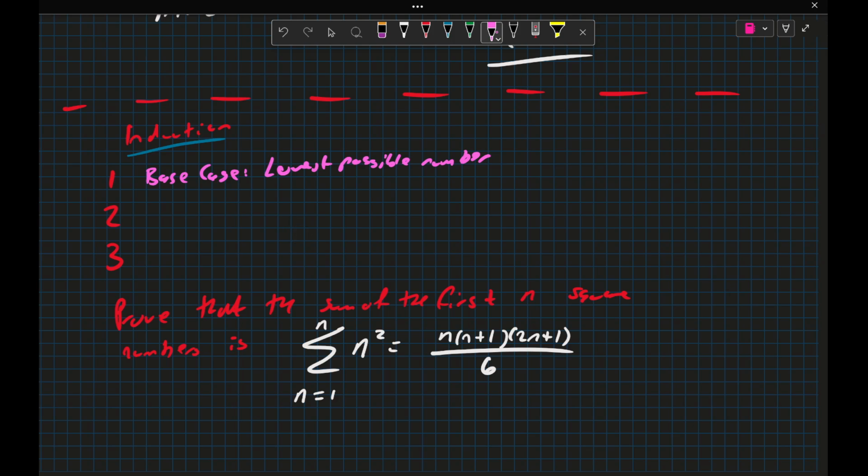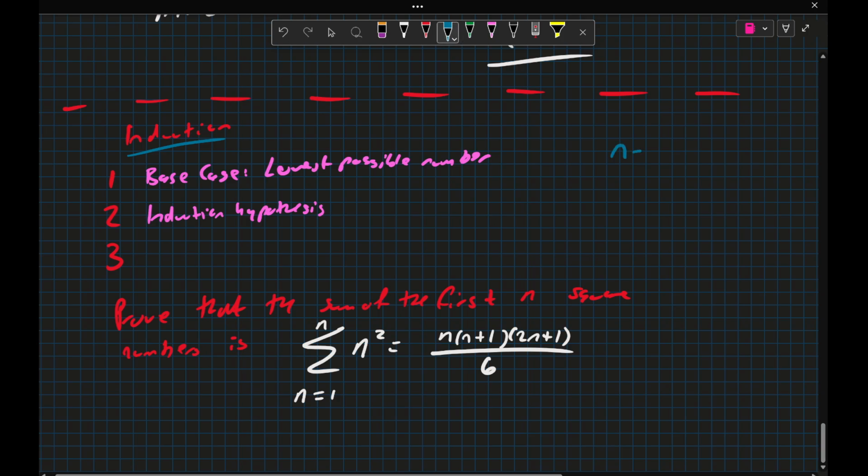The next one is called the induction hypothesis. So with this, I should note that the base case is, say, for n equal to 1. The induction hypothesis says that if it works for this, then it works for all numbers that fit this category, so we'll just call it all valid numbers.